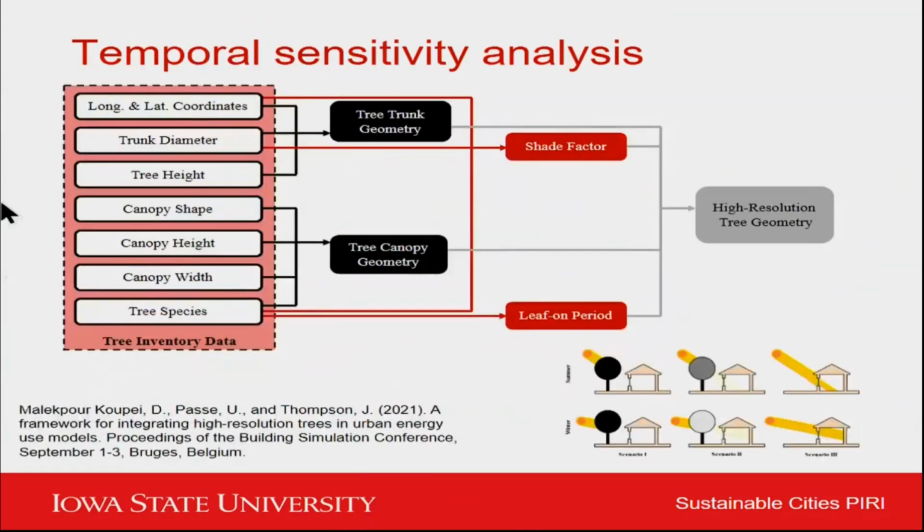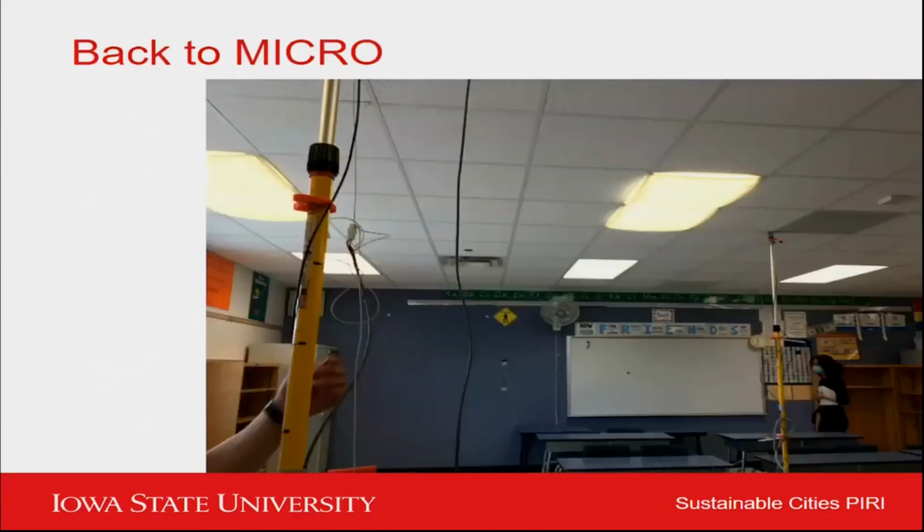And then combine that with a little script which gives us also percentage of shade and leaf on and off period, which means when they have no leaves and when they have leaves. And back to micro. Combine that also in times of COVID with a project here. We have our polls again. We are measuring again in schools at the moment.